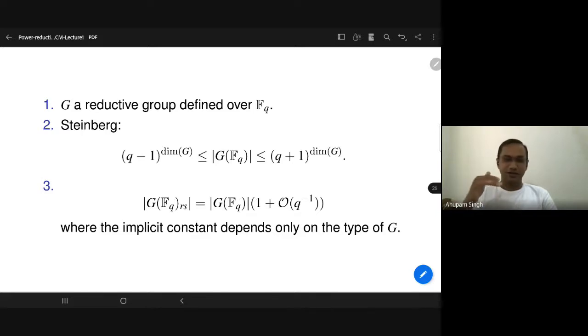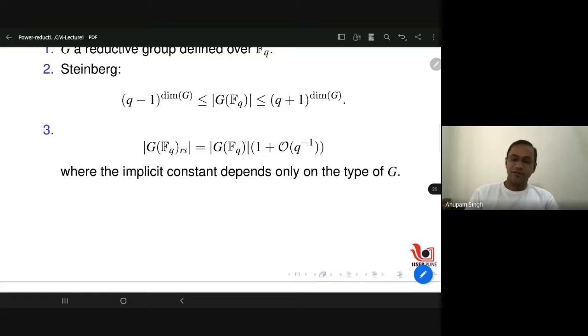It's actually a corollary of the actual formula of G(F_q). Steinberg proved the actual formula, which is a little tricky, complicated formula, but from that you can derive this as a corollary. This is useful if you want to estimate something.